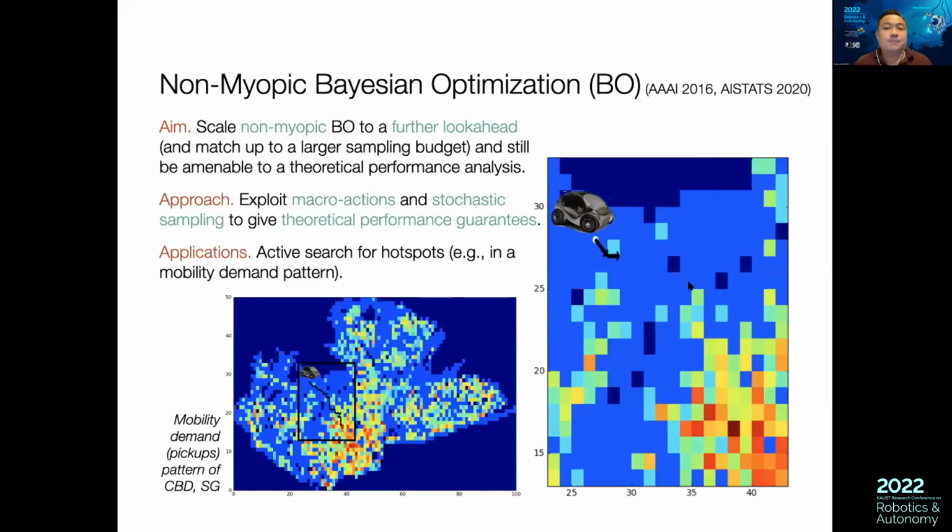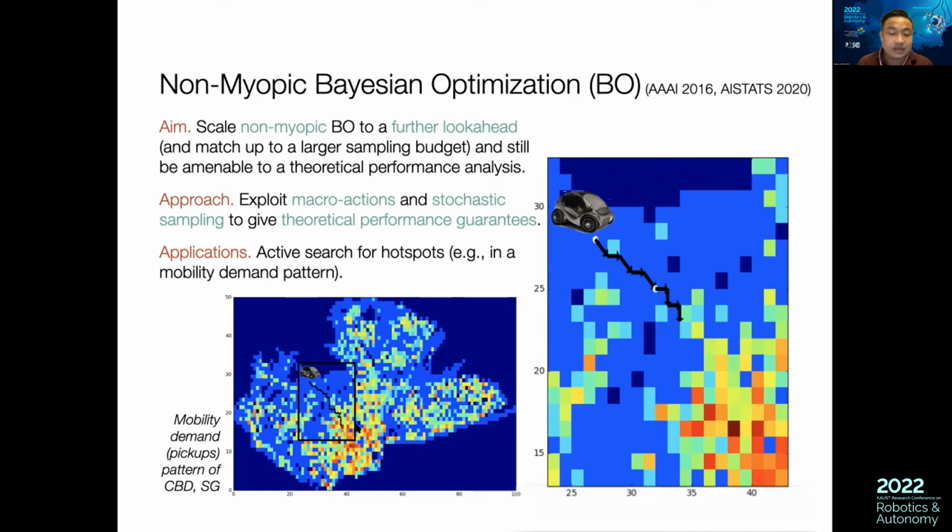Now, this is an example where we look at the case of looking ahead. Bayesian optimization traditionally is a greedy algorithm. It samples the next location based on what it knows from the past, so that it hopes to very quickly get to the optimum. However, is it actually possible for us to look ahead?